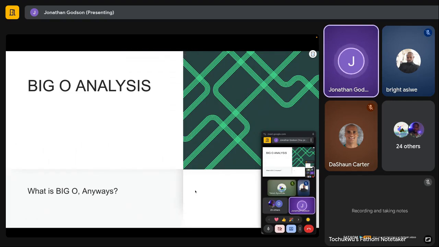So our topic for today is big O analysis, and the two aspects of big O analysis. When we talk about big O analysis, we are talking about the study of the time it takes an algorithm to run as the data scales, or the input size increases, the worst case, and then the memory consideration, how much memory is used as the data increases.